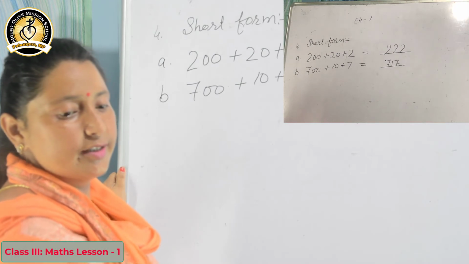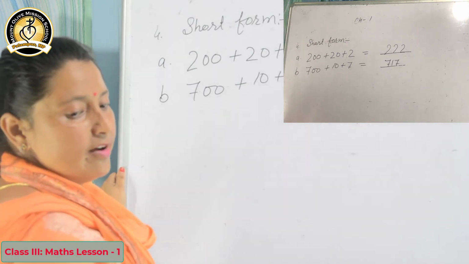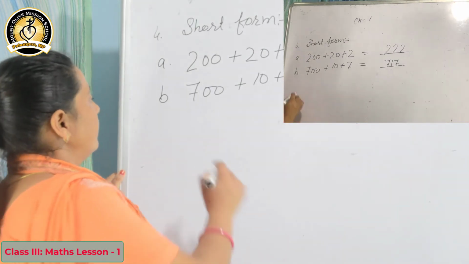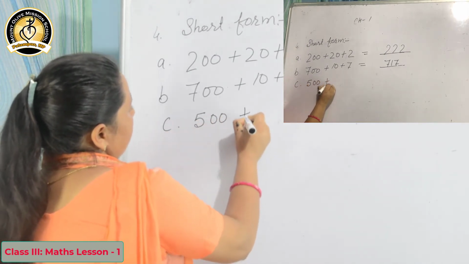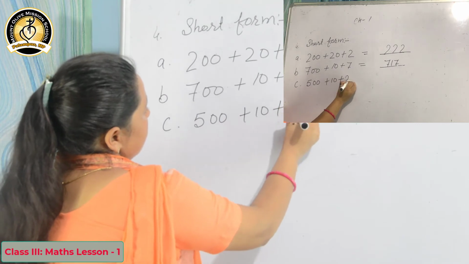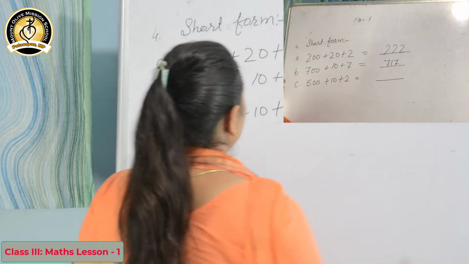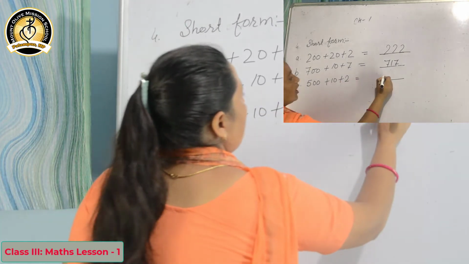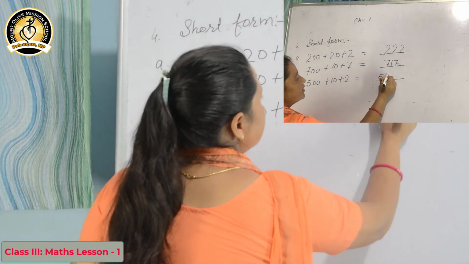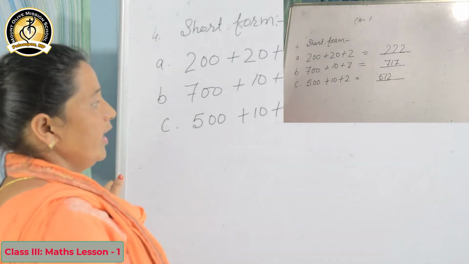Yes, very good. Part C, 500 plus 10 plus 2. Very good. So, how should we write? 512. Okay?